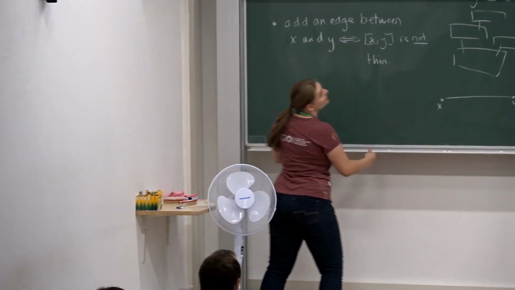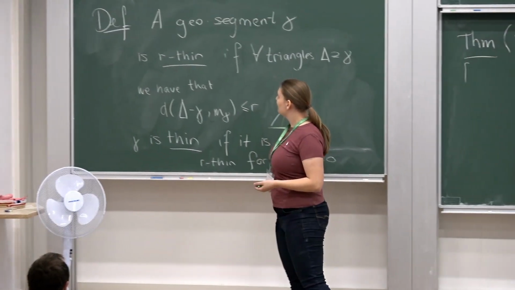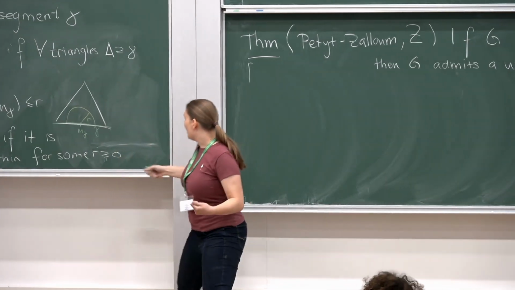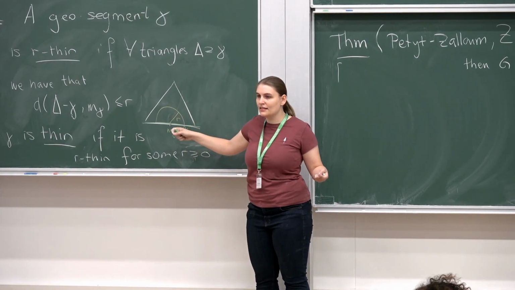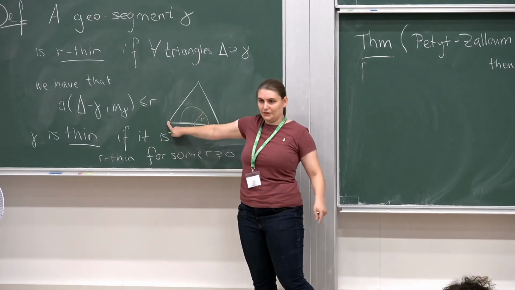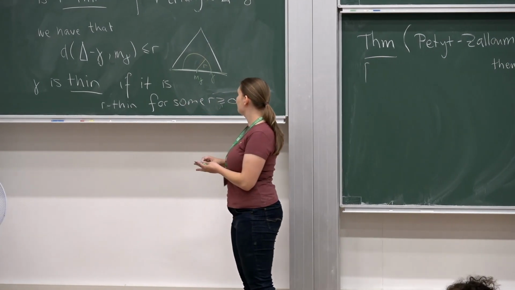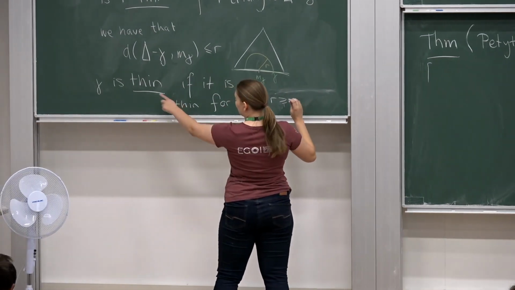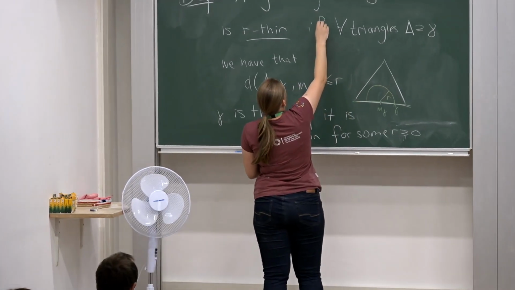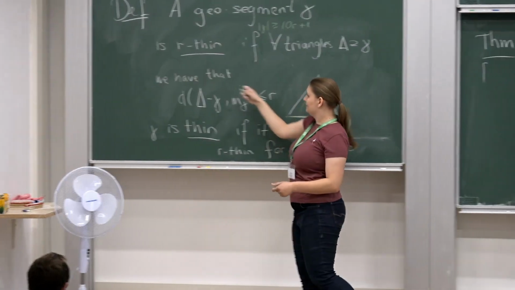So maybe we need to update the definition and say it only counts as being thin if this comes close here, but R is much smaller than the length of the geodesic, because otherwise it's just this point. So we can say gamma is thin if it's R-thin for some R, and the length of gamma is at least 10R plus 1.